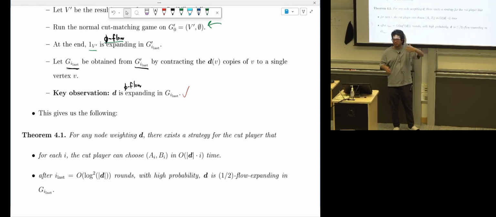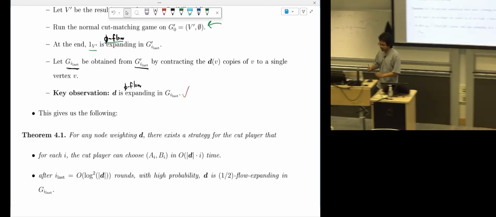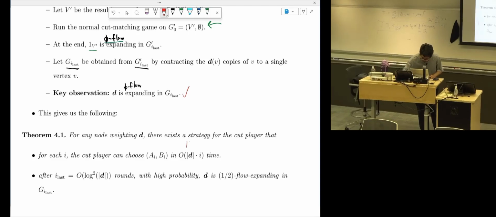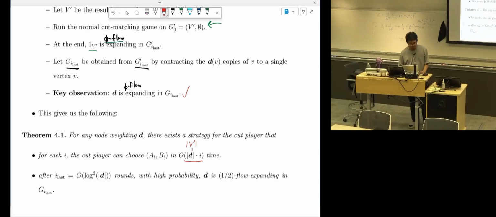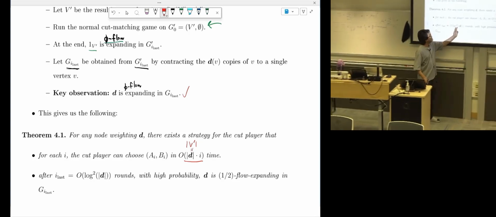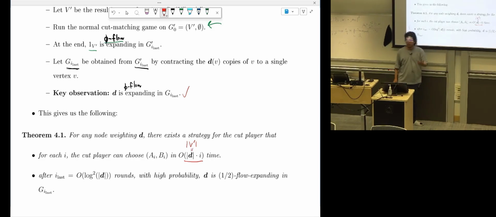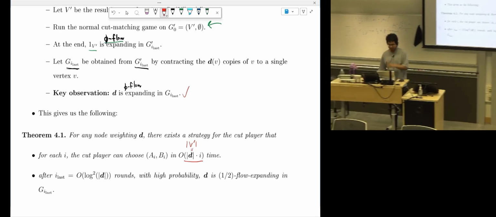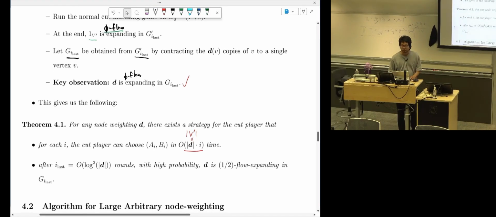Because it runs on this G prime, and the number of vertices of G prime is D. So that's why the running time is this. And after log squared of the number of nodes in G prime rounds, D becomes expanding. So that's it, you can make it work like this.